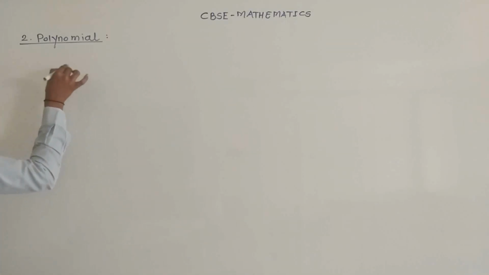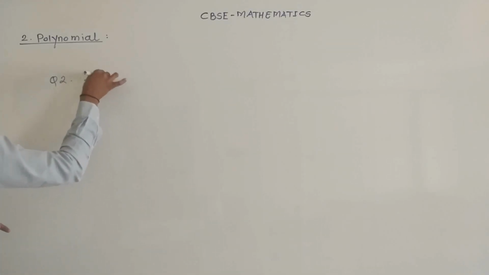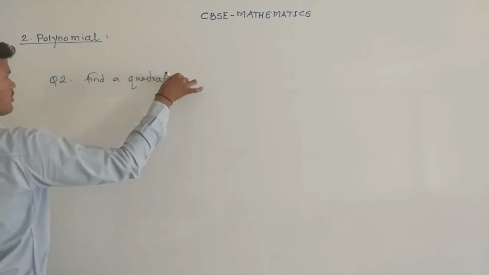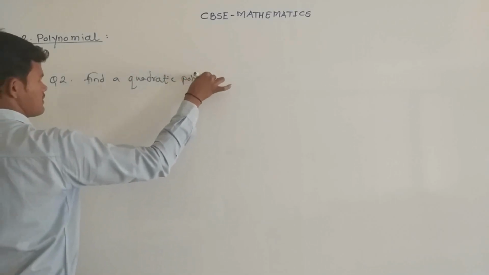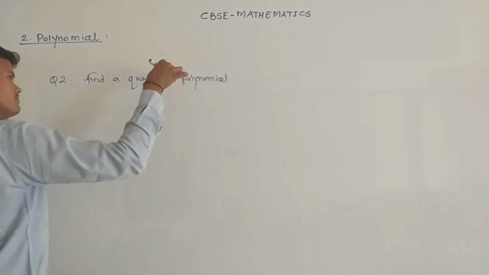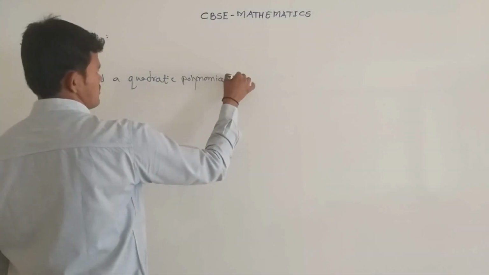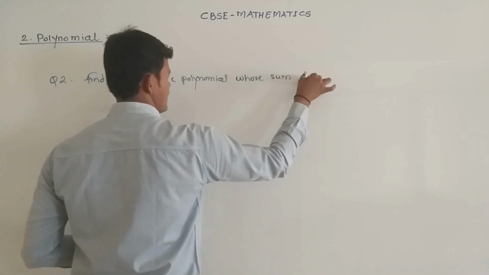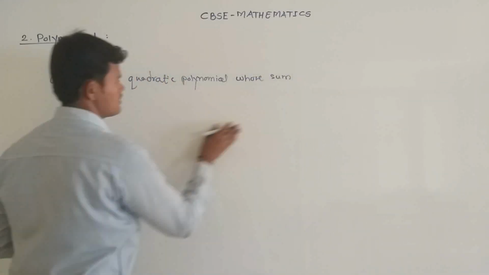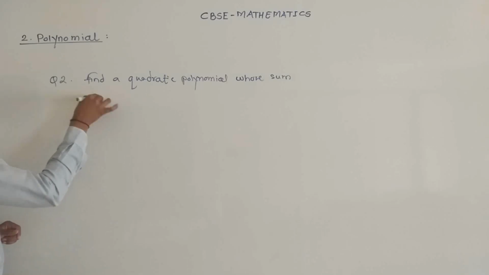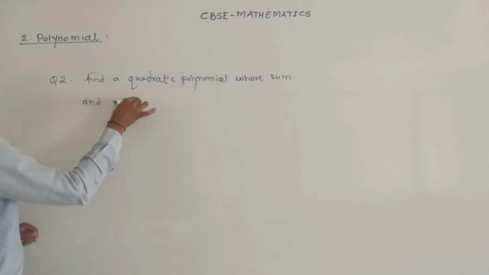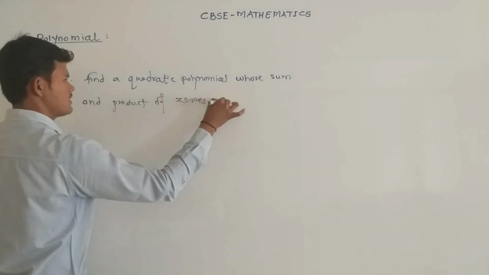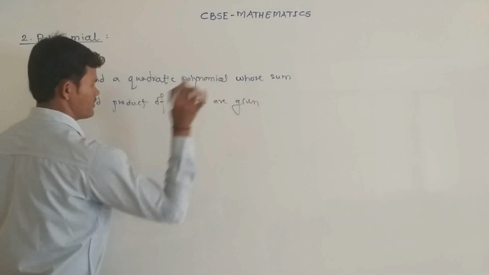Question number 2: find a quadratic polynomial whose sum and product of zeros are given.